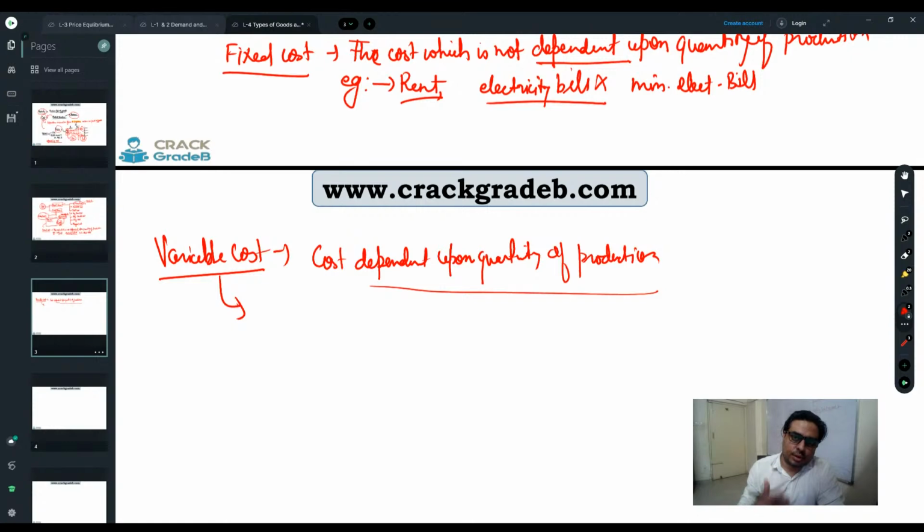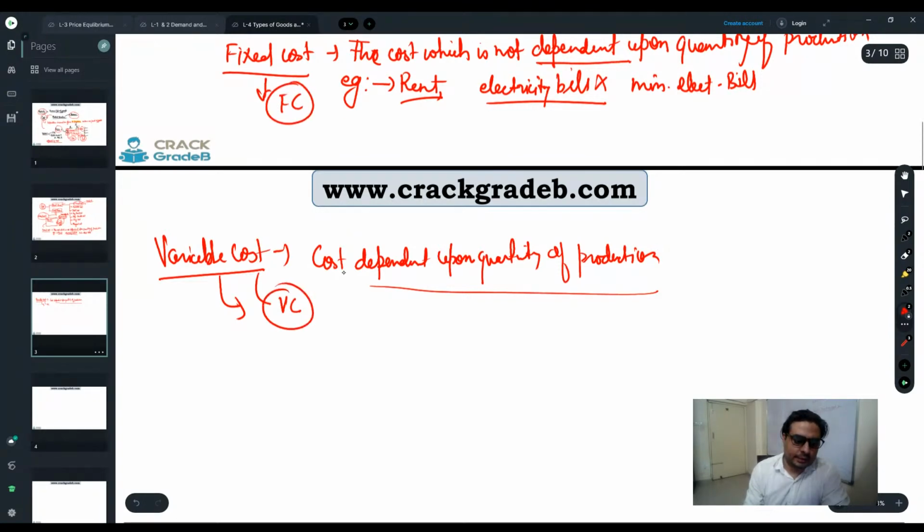And as production increases, variable cost also increases. Variable cost is directly proportional to the quantity of production. Whenever production increases, your variable cost is also going to increase. In short, we call that VC, and that is FC.